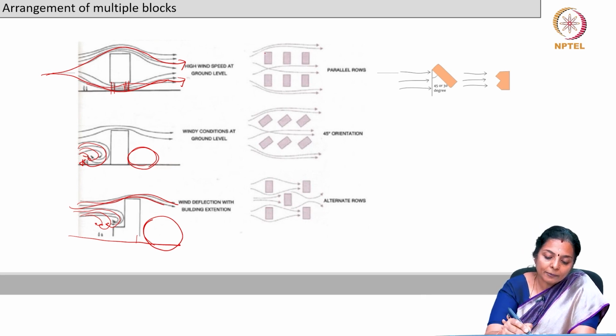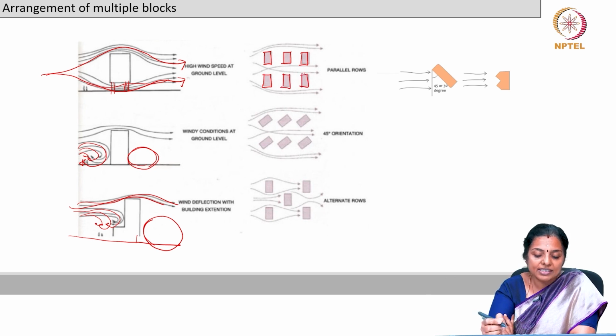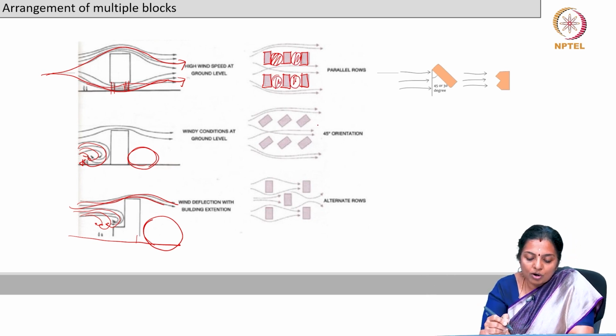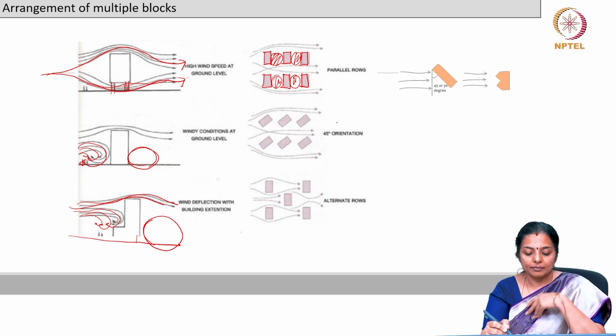When you have patterns like this, which we have already discussed once very briefly, which are unstaggered or parallel rows, then here are wind shadow regions. This also causes a wind shadow region.